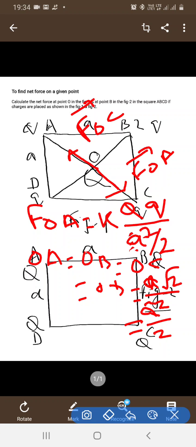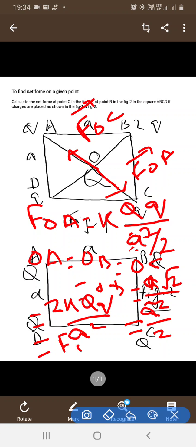So FOA we are getting here 2K capital Q small q upon A square, and the same value we can get here for FOC, that is magnitude of vector FOC. So magnitude equal and direction opposite, so these two forces, vector FOA and vector FOC, will cancel each other.